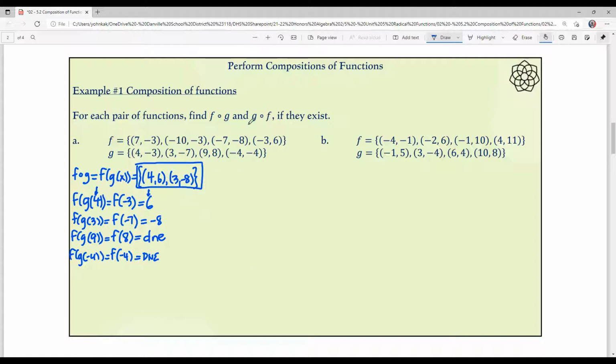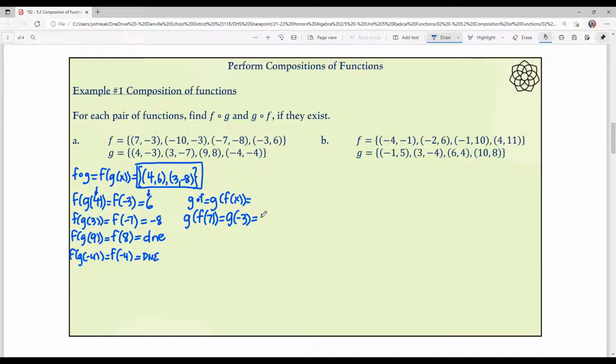Okay, then I need to find g circle f if it exists. So g circle f, by definition, is g of f of x. So first I'm going to do g of f of the first x, which is 7. So that's g of, well, f of 7 is negative 3. And then I go to the g function where x equals negative 3.